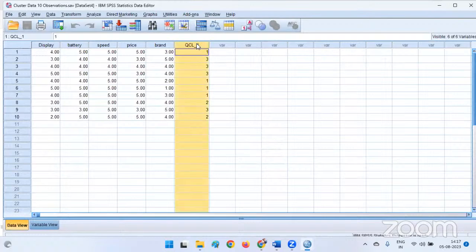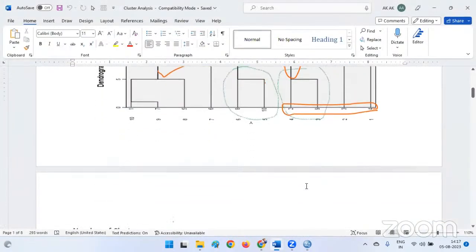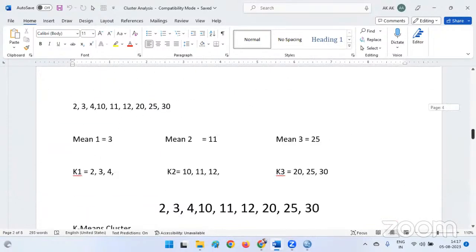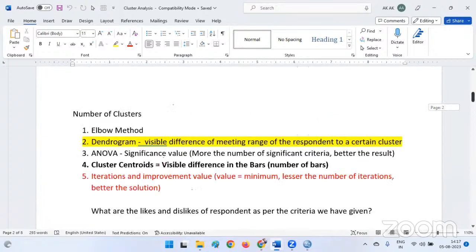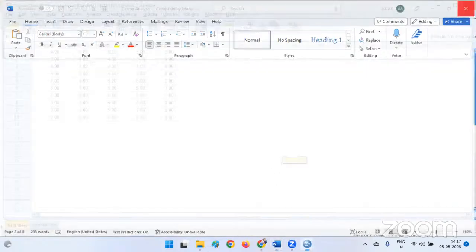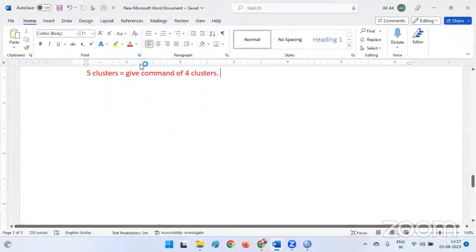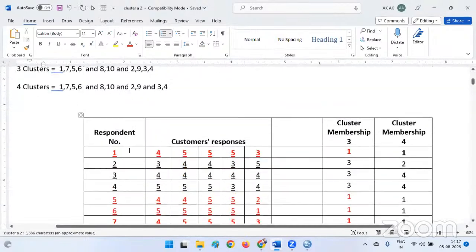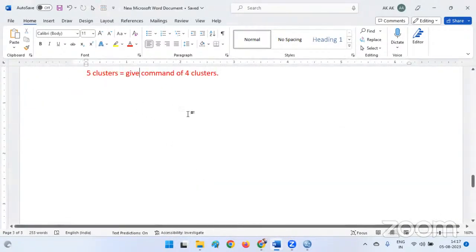So I have a few observations. First, let us read this data carefully. So I'm copying this data here.